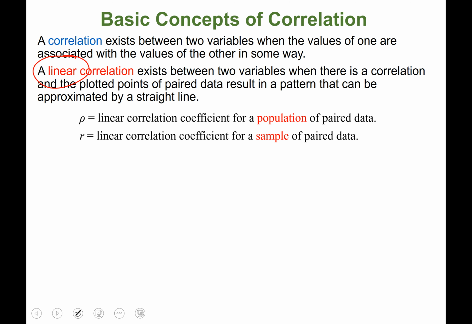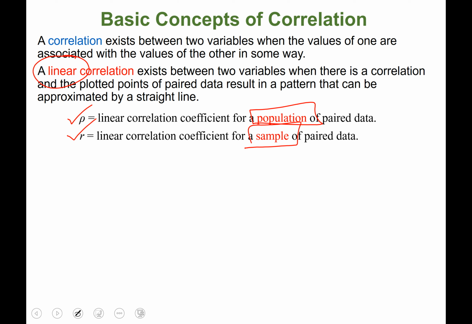Some new notation though for us. This one right here is new. That's the Greek letter rho. It's a lowercase, and we're going to use that to represent the linear correlation coefficient for a population of paired data. And then a lowercase r, we're going to use that to represent the linear correlation coefficient for a sample of paired data.